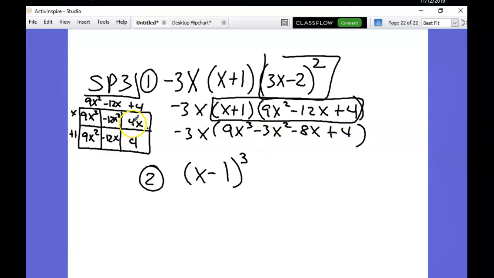Negative 12 and positive 4 makes negative 8. And then 4 comes out as is. And then after that, we distribute the negative 3 in. Taekwon, what was our final answer on that then? Negative 27x to the 4th. Uh-huh. 9x cubed plus 4x squared minus 12x, right? Okay.